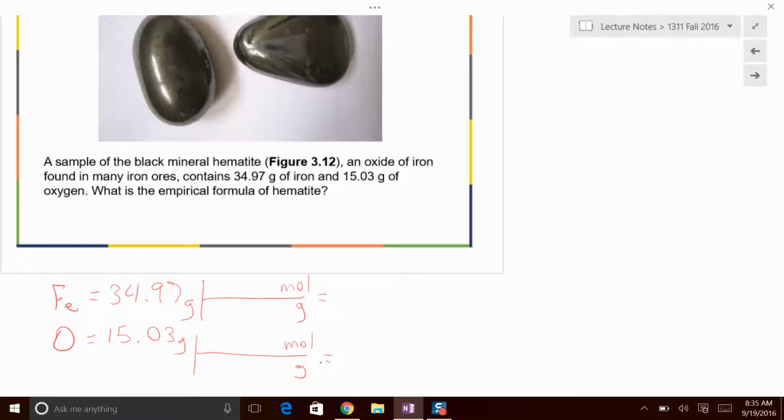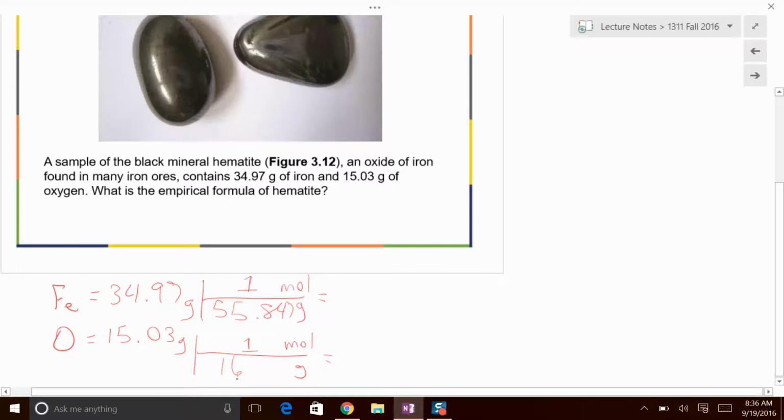You always use the number 1. Okay, what number goes on the bottom for grams? 55.8. Good. Okay, and for oxygen? 16. We'll just say 16.